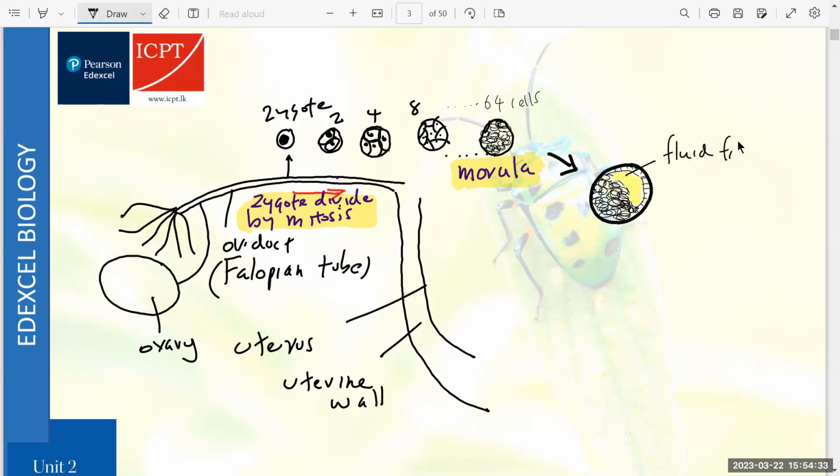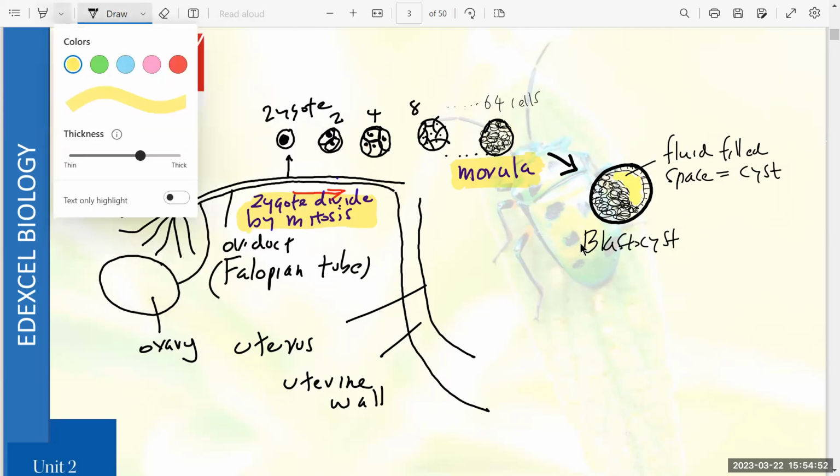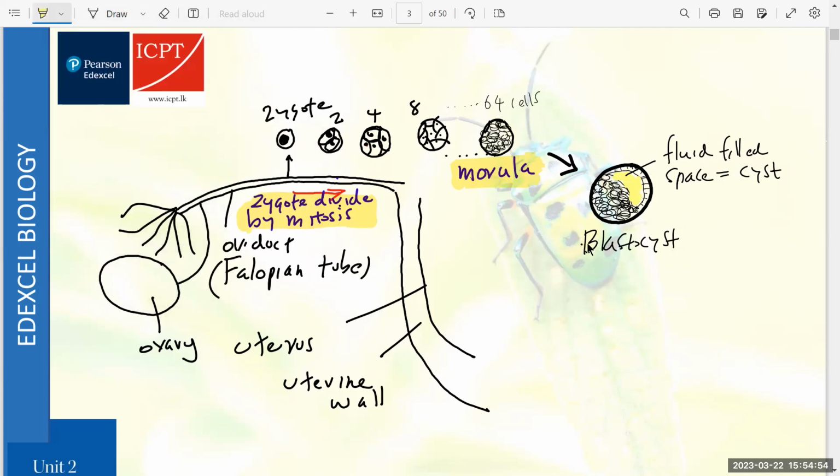This fluid filled space is called a cyst. So this one is called a blastocyst.